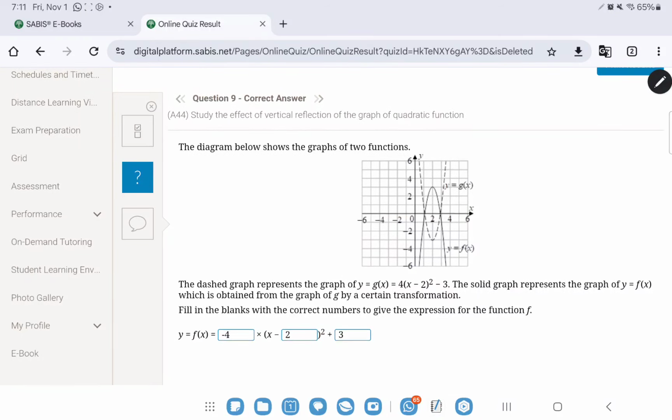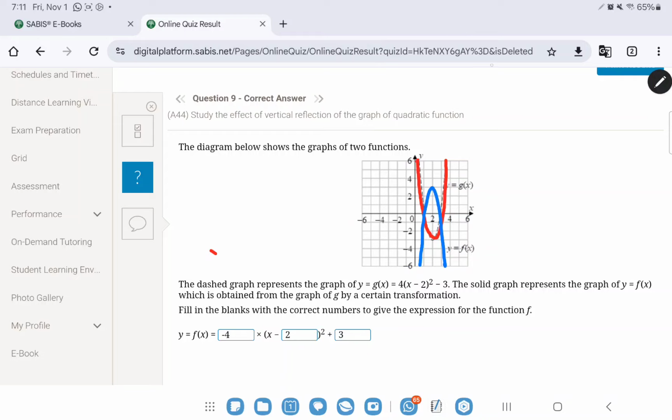Okay. This question is really easy. So look, they gave you two graphs. I'm not gonna call them dashed, I'm gonna call them red and blue graphs. The red graph, this is its equation.